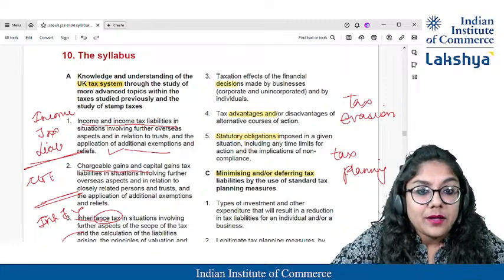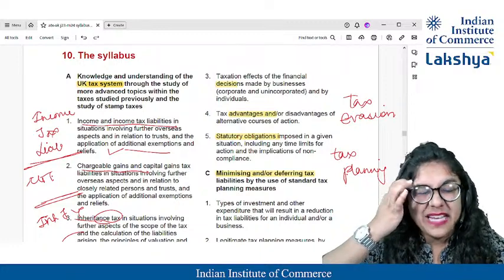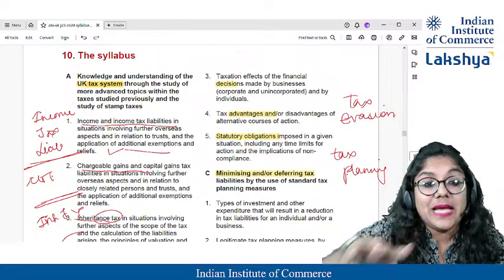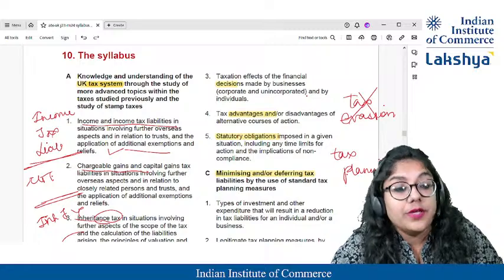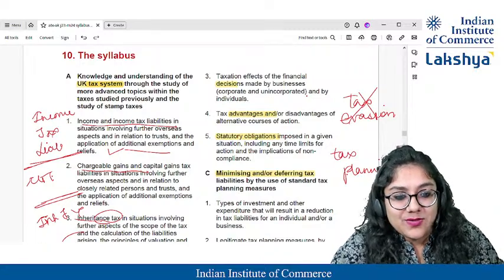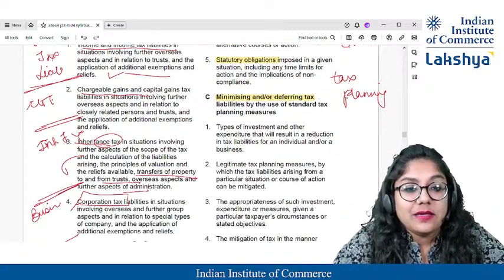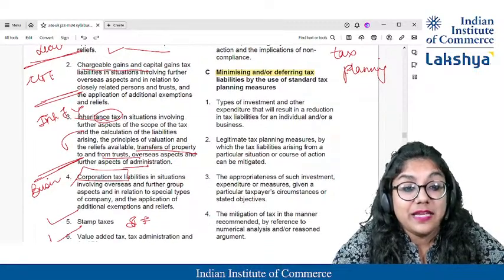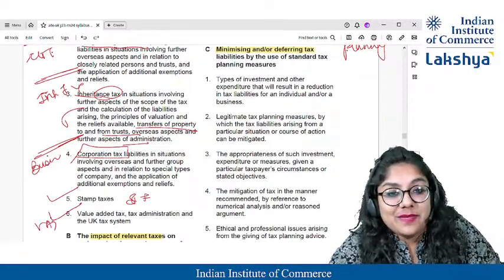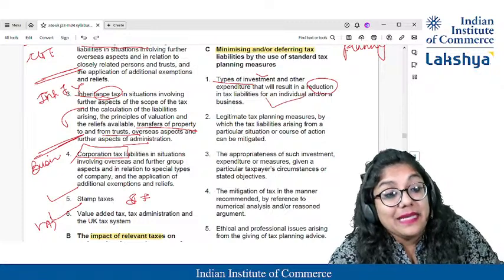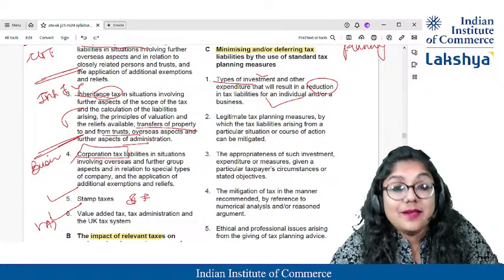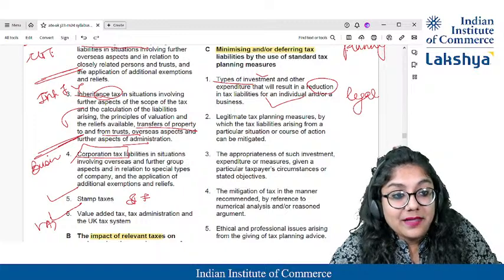But what if I'm doing it for the purpose of tax evasion, purposefully trying to pay lesser tax? That is not good. So we need to learn the types of investment where, if I invest, it's tax planning. Here, the types of investments and expenditure I should go ahead with reduce my tax liability in a legal way.